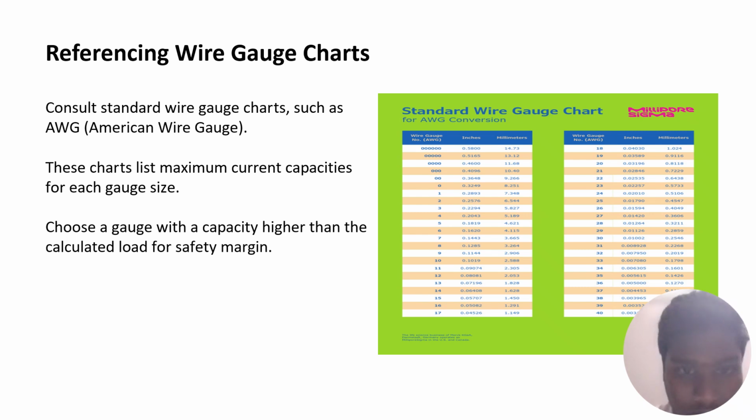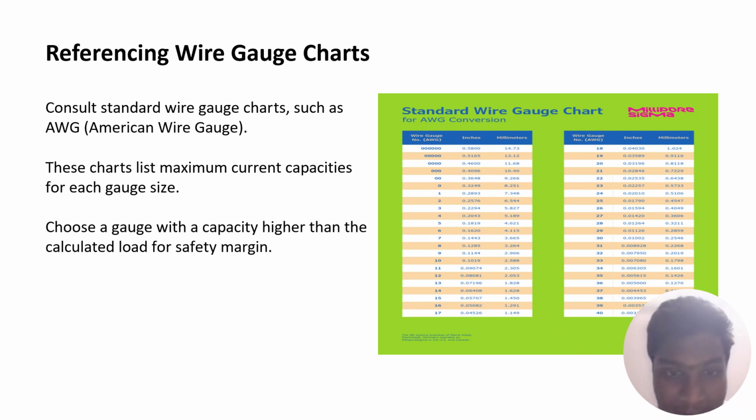This slide references the wire gauge charts, and you can see the wire gauge. There are some sample problems and units, and AWG's full form is American Wire Gauge. These charts list maximum current capacities for each gauge size.